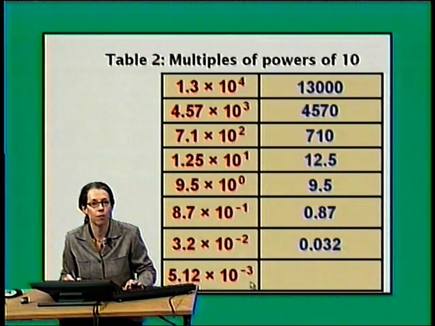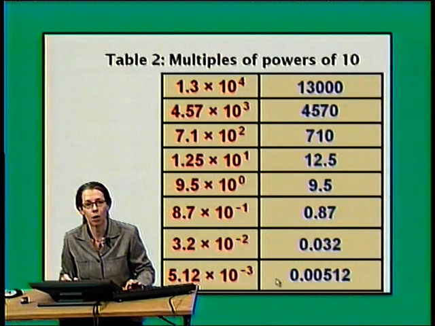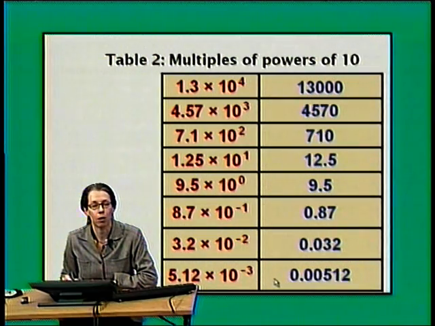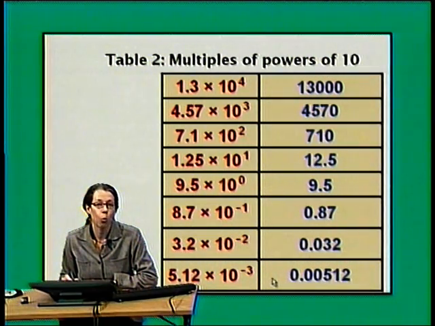And finally, 5.12 times 10 to the negative 3. When I calculated this on a calculator, I got 0.00512. Let's see if we see any patterns here. And what we're going to look for is where the decimal point occurs.